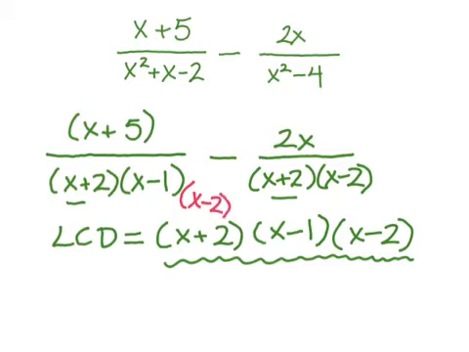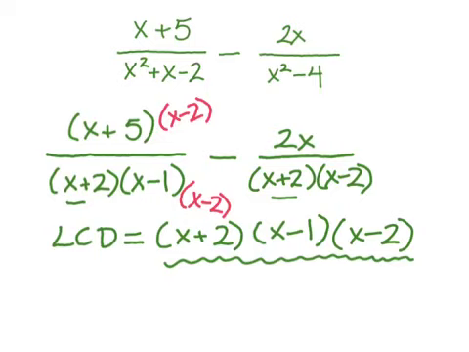If I multiply it into the denominator, since I don't want to actually change what this rational is, I don't want to change the fraction, I just want to change the way it looks, remember, I've also got to multiply it into the top. So I'm going to multiply the missing factor from the common denominator, x minus 2, into both the top and the bottom.